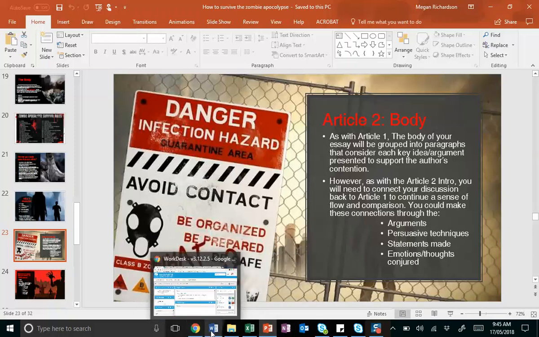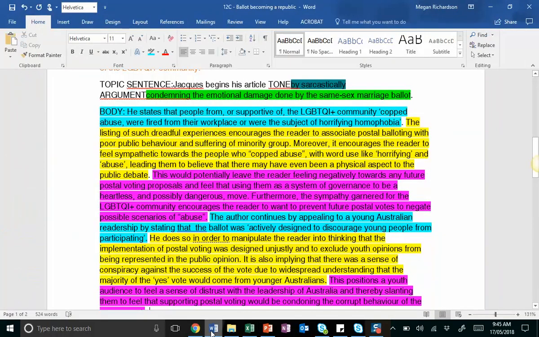What could I compare? I could compare their argument. I reckon a good place to always start with comparison is tone, because tone's a really easy thing to compare. Especially with these two, their tone is completely different, isn't it? The Jacques article is all very sarcastic. Particularly in this argument, it's super sarcastic, whereas Dutton never uses sarcasm.